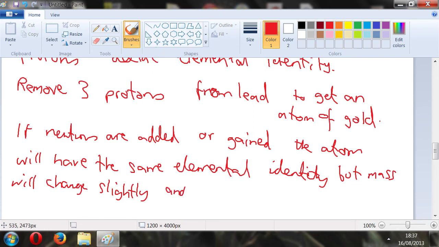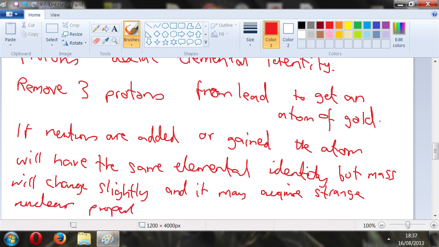And it may acquire strange nuclear properties, like radioactivity perhaps. So yeah, that's all.